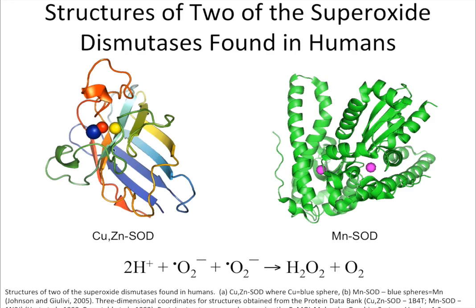If you look at this one, which is called copper zinc superoxide dismutase, it's called copper zinc because it has these copper and zinc atoms that are basically at the core of the protein or the enzyme. And these are actually what give it its functionality as an antioxidant.